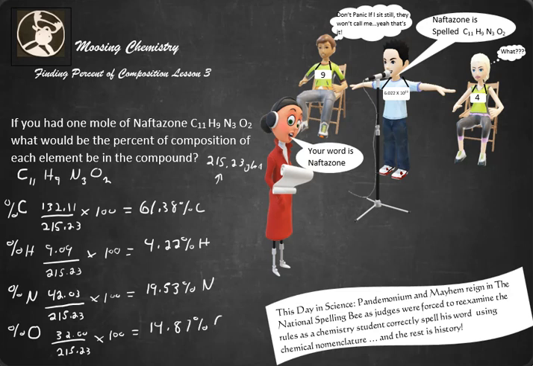If you add all these totals up, you get like 100.01%. That 0.01 is because we rounded the nitrogen and the oxygen, so that threw our numbers off just a little bit. But this is the correct answer. So it wasn't that hard, was it? It was pretty simple.